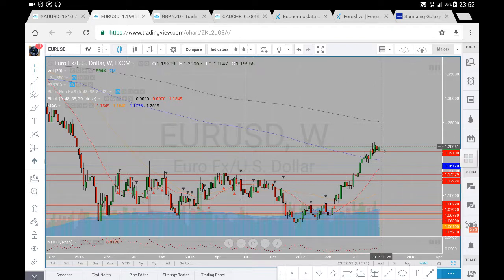We're looking at the 123 level for some resistance. Now, if you look at the weekly time frame, we have pushed up in a bullish manner, so I do expect at some point there to be some consolidation, a bull flag forming before a continuation to the upside.